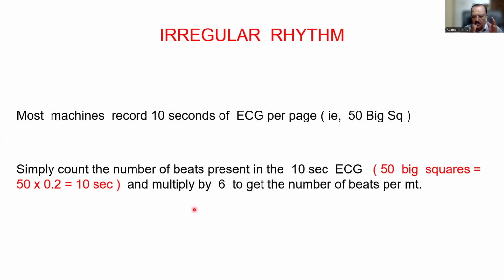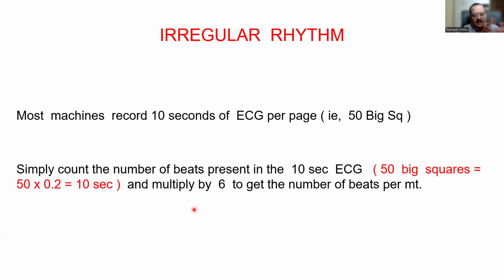That means you calculate how many R waves are there. Suppose there are 10 R waves in 10 seconds. What is the heart rate per minute? For 10 seconds, 10 beats. For 60 seconds, multiply by 6. Just multiply the 10-second count by 6, since 1 minute is 60 seconds.